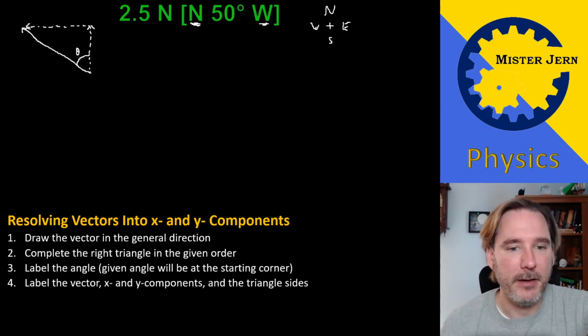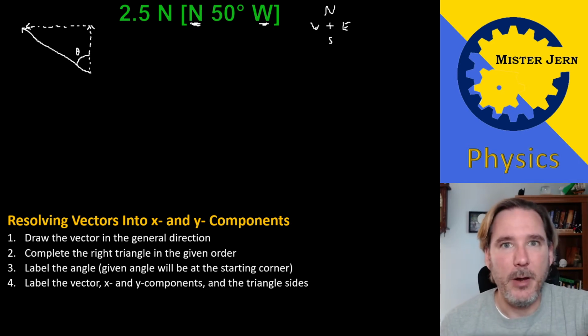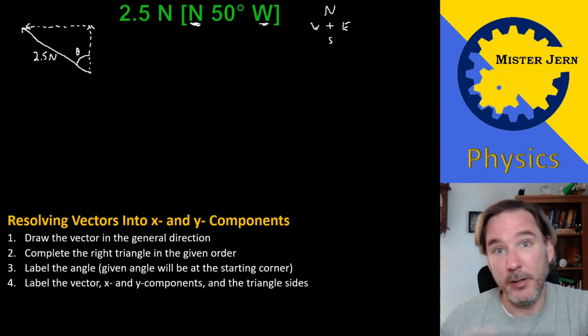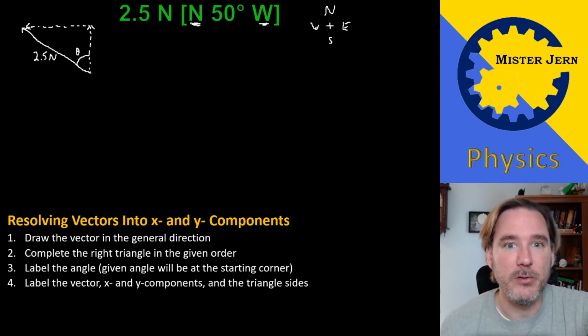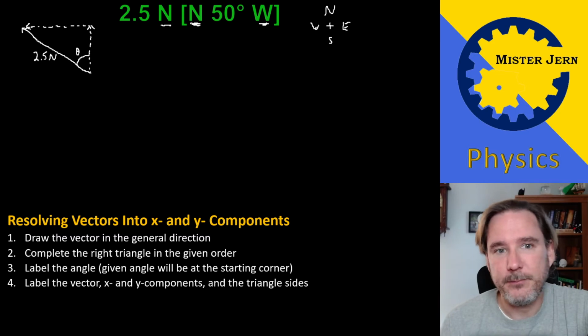Now we're going to label the vector, the x and y components, and the triangle sides. Our vector in this case is going to be the first arrow we drew, 2.5 newtons. You could label it as F if you want to, because newtons does indicate that it's a force. But I'm just going to label it because we already know what it is. It's 2.5 newtons.